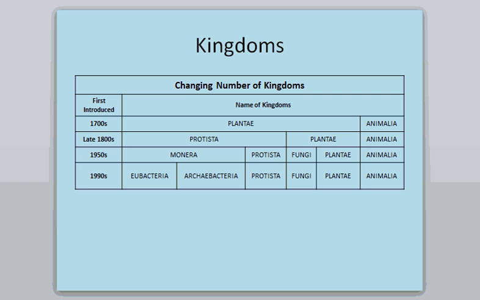You can see that in the 1700s, when Linnaeus first developed this classification system, we only had 2 kingdoms, plants and animals. If it didn't move, it was considered a plant. If it moved, it was considered an animal. Well, with advances in science and technology, in the late 1800s, we have the microscope now, and we are able to see microscopic organisms.